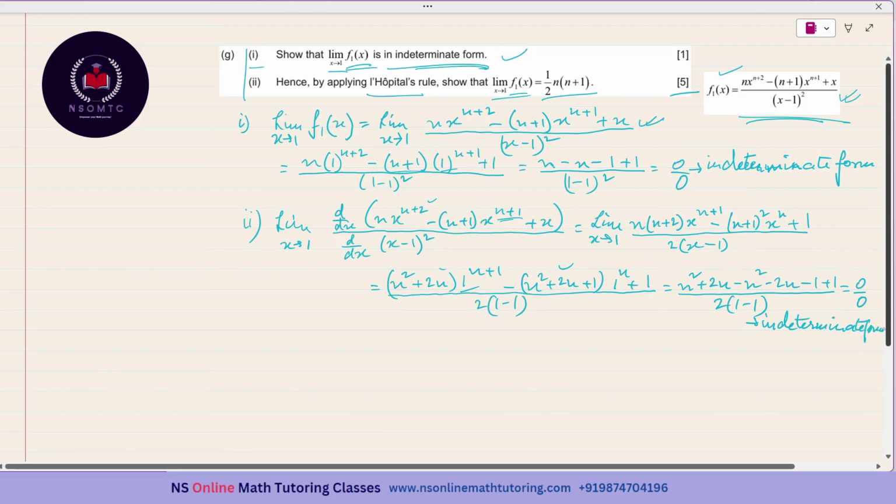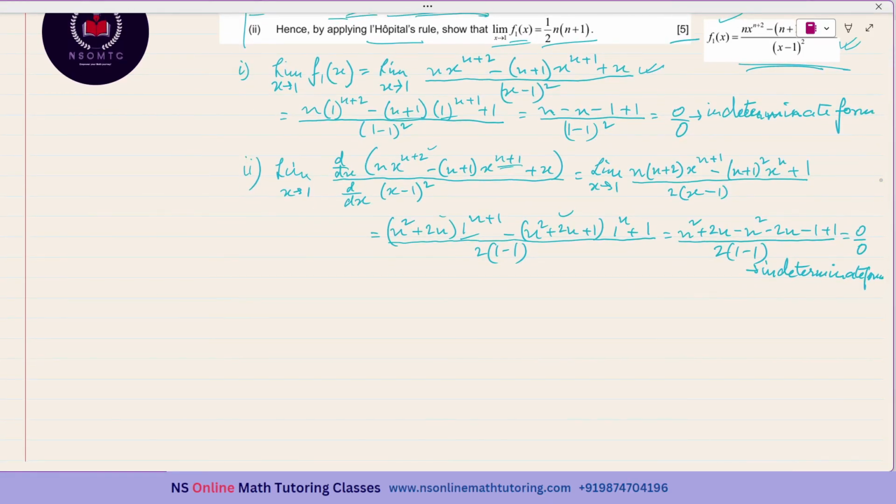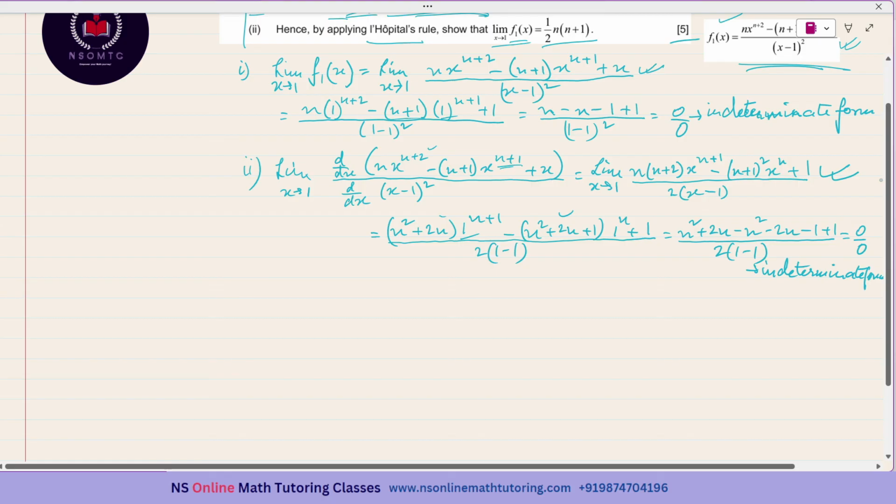Okay. So again we have to differentiate. Let us take this expression and differentiate. So if limit x tends to 1, f1 of x is equal to d dx.